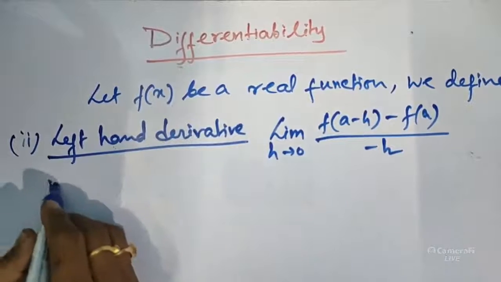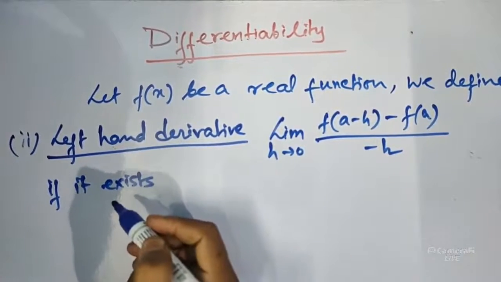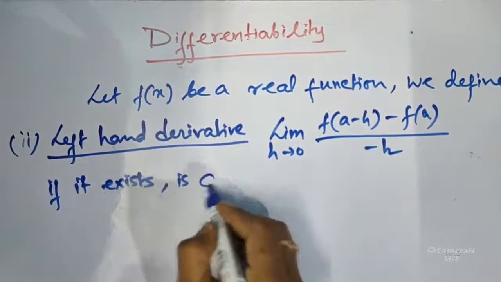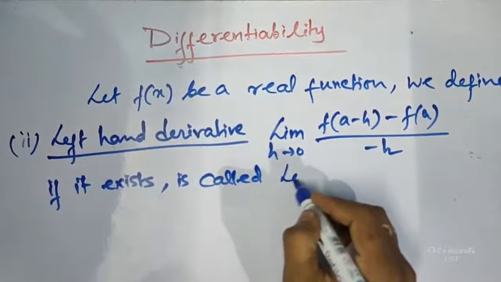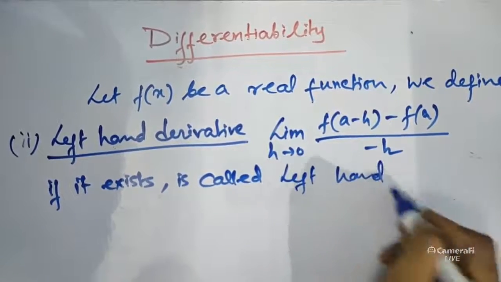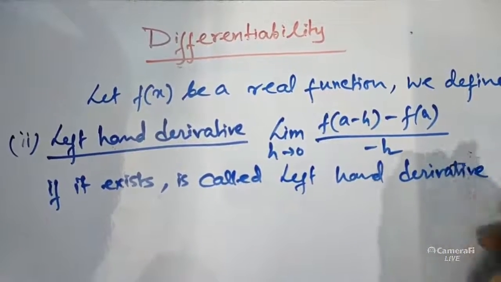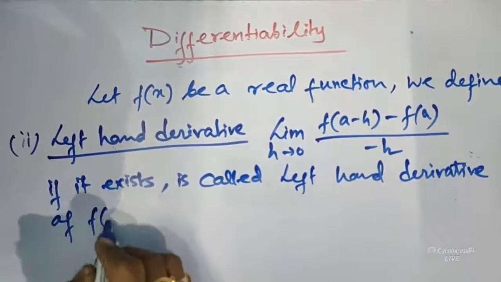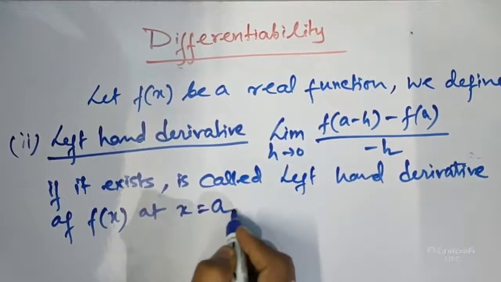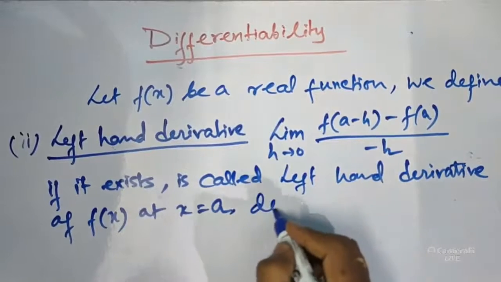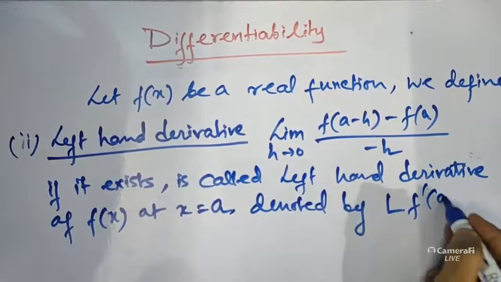If it exists, it is called the left hand derivative of f(x) at x equals a, denoted by Lf dash a.